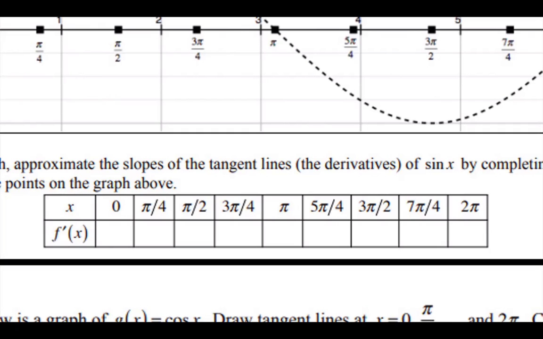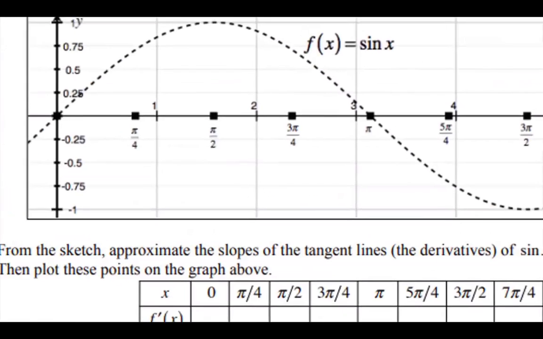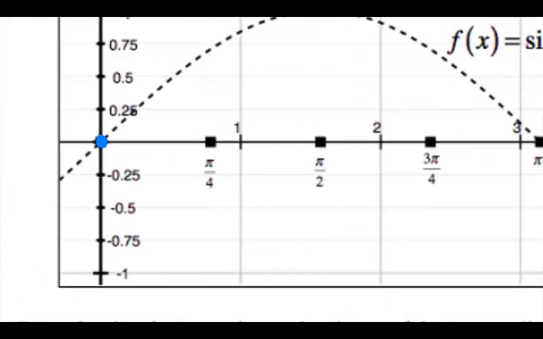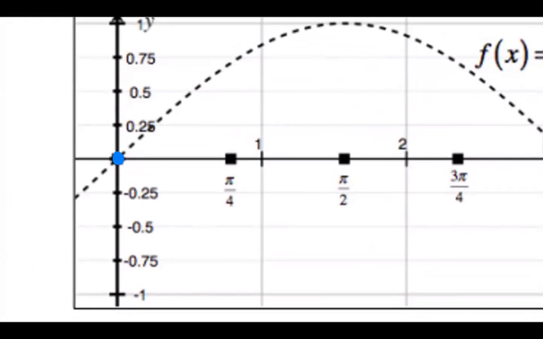So let's go to where x is 0 on the graph. That's right here. This is the x-axis, 0 here. I'll use a different color so we can see a little better. At this point here, the slope of the tangent line would have to be something like this.